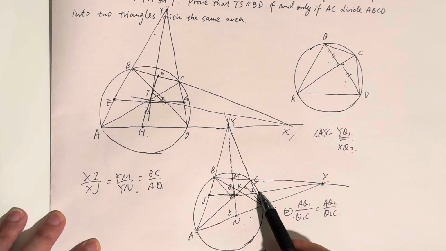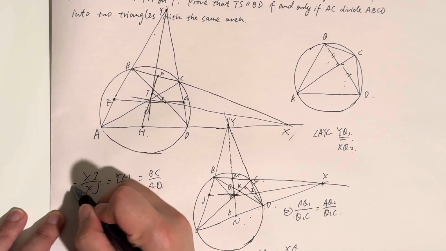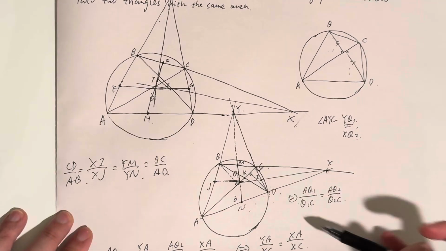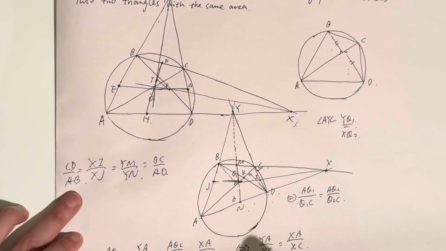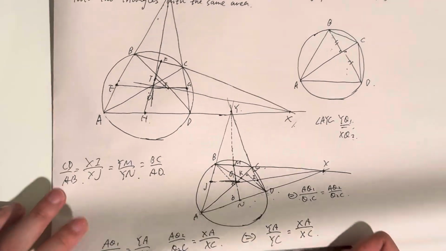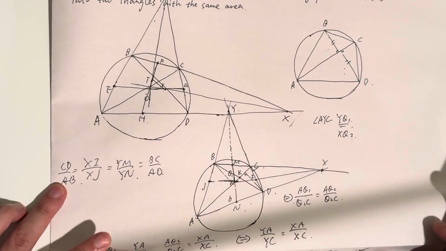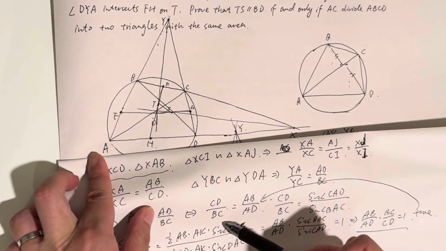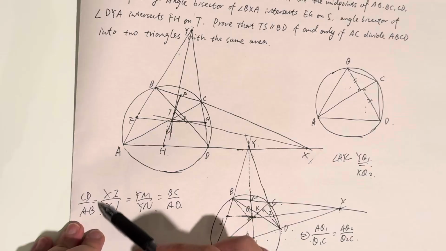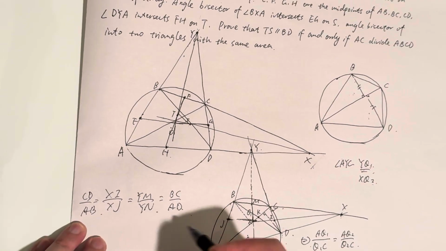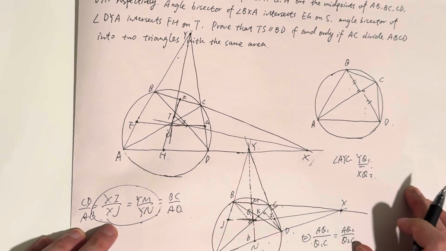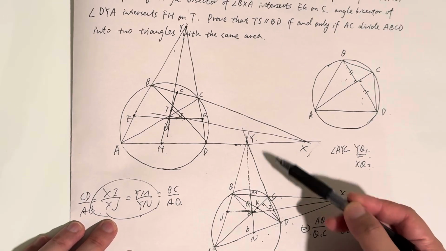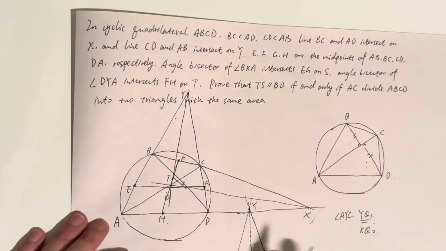And XI to XJ equals CD to AB. And we just prove that CD to AB equals BC to AD, right? So this one is a key point, that XI to XJ equals YM to YN. Okay, now let's get back to this problem.